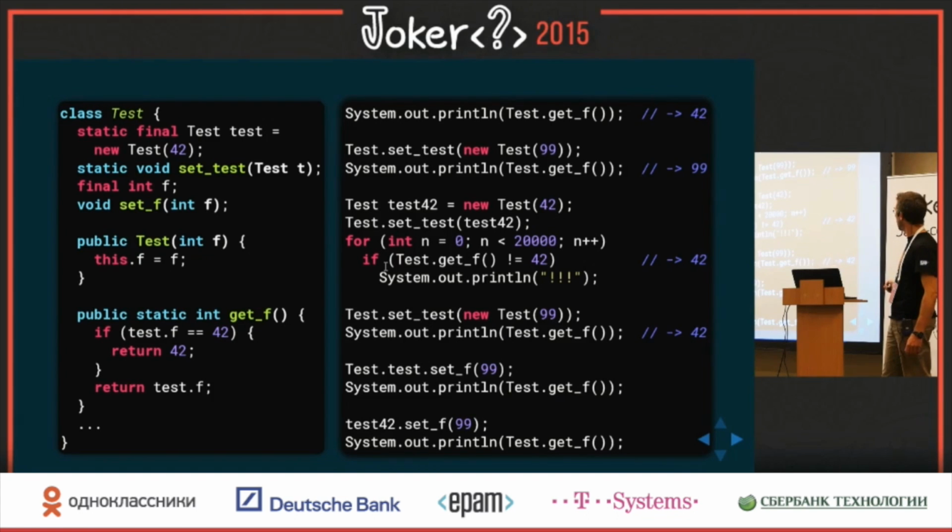That's why we still see 42 here. Also, actually in the heap, the object was changed to point to a new static instance variable.